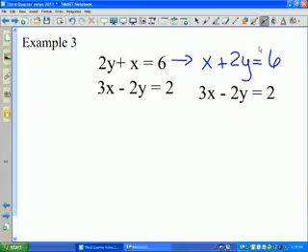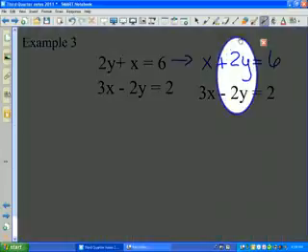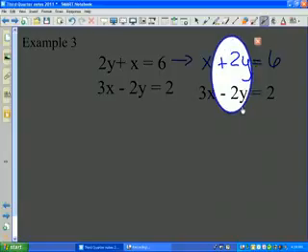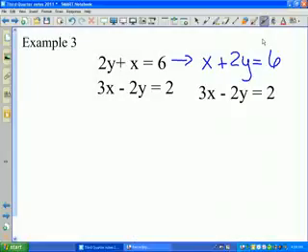So now that we have them lined up, do we have any same number? Hopefully you said the y's both have 2's, but are they the same signs? Let me draw it in a little bit so you can really see it. They're the same numbers, but are they the same signs? No, they're not. One's positive and one's negative. So since one's positive and one's negative, that means we're doing addition.